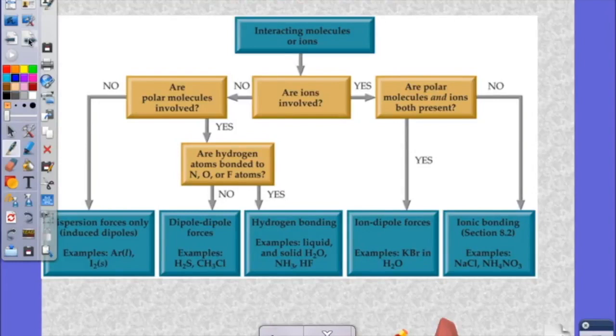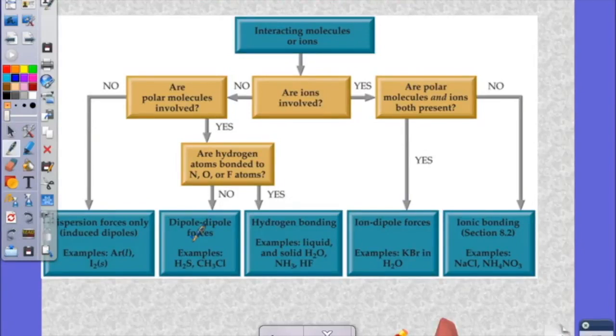Hydrogen bonding is stronger than the other types of dipole-dipole, and hydrogen bonding has dipole-dipole and London dispersion force between two polar molecules. The fourth type is ion dipole. It's between an ion and a polar molecule.